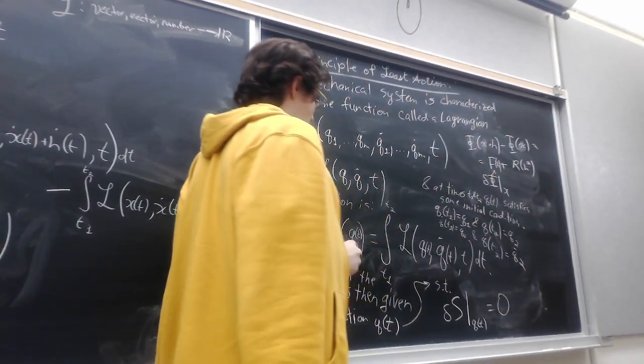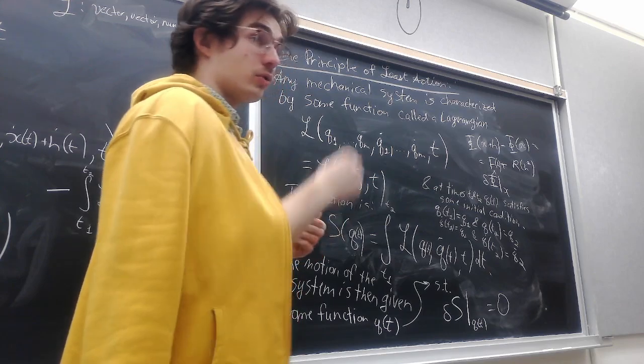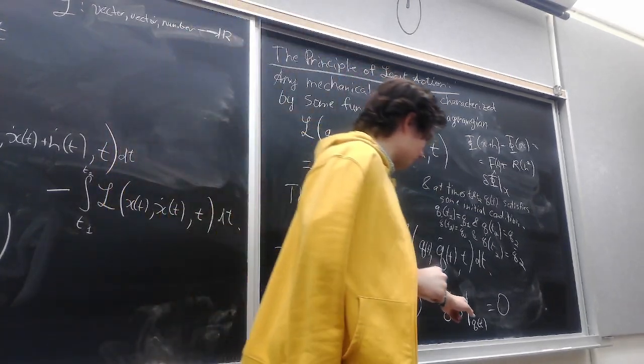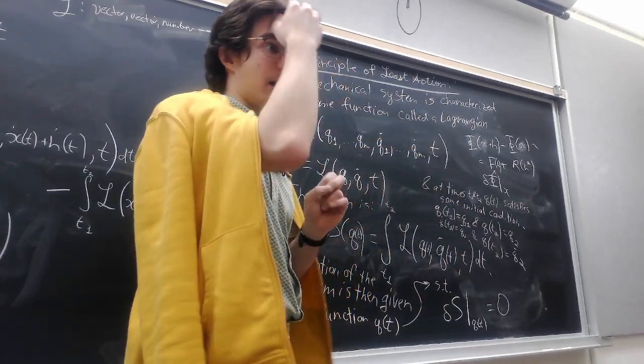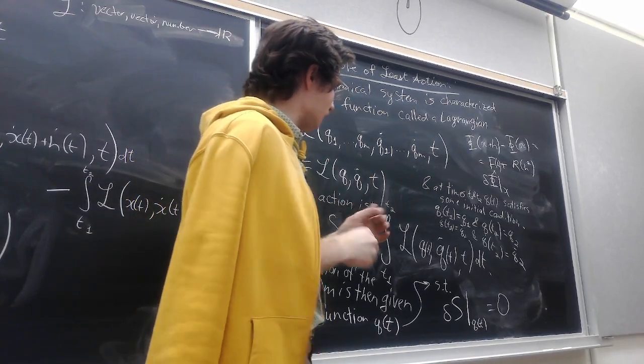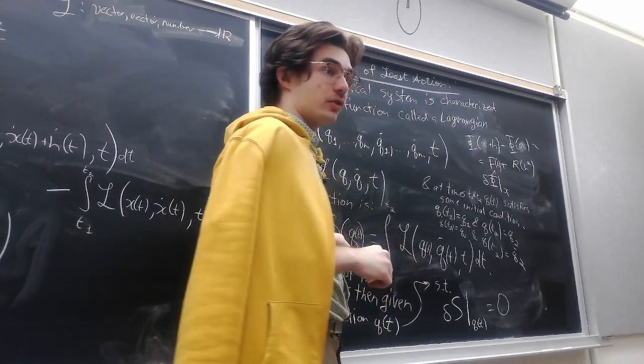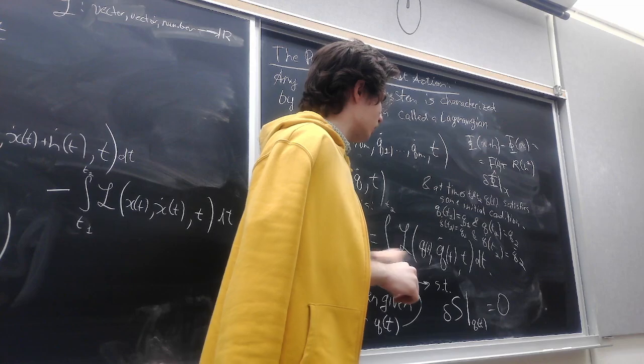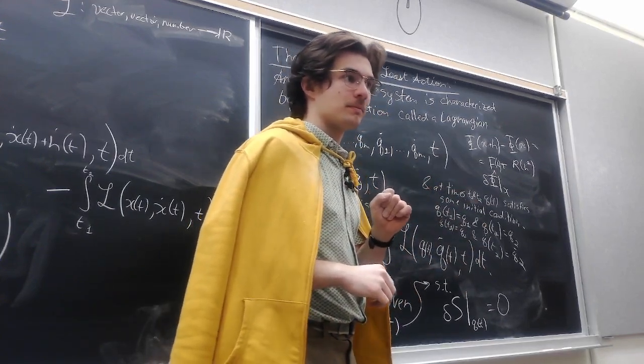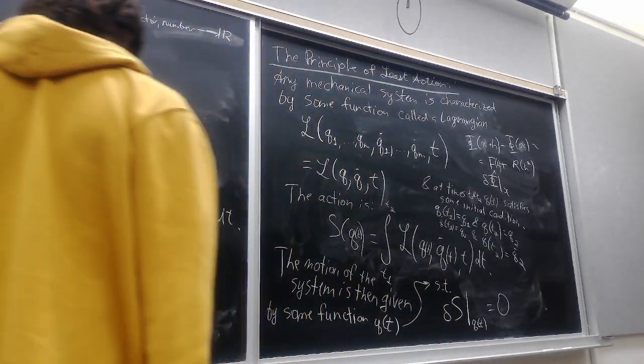Then the path that the system is going to take, this path Q of t, is going to be the path such that if you were to take the derivative of this functional at this path, you get 0. Meaning what? Let's draw a picture.